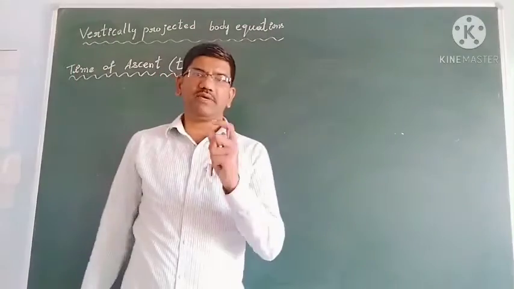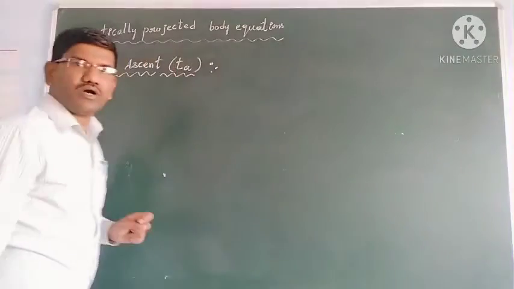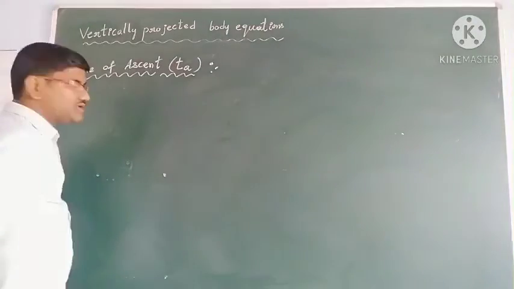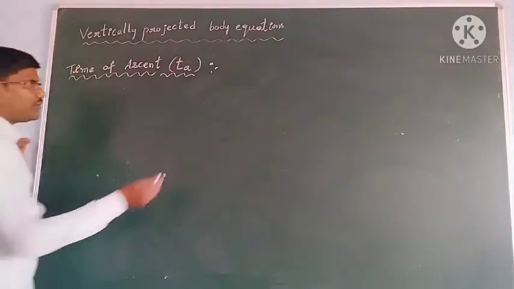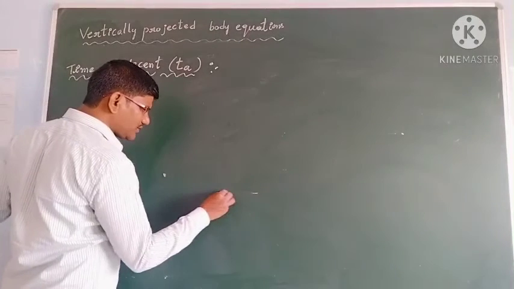we want to derive some equations for a vertically projected body, that is called time of ascent. So, time of ascent: consider that an object is projected from the ground, or from the point of projection.